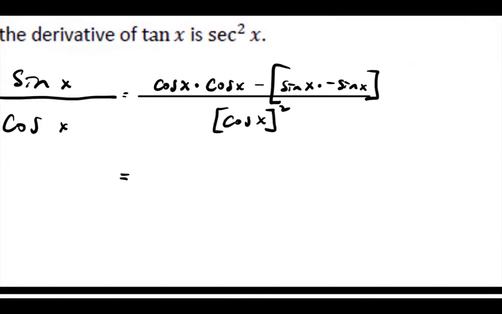All right, so let's clean this up. So we have cosine squared, and then I have two negatives here, which I can make a positive. So plus sine squared of x over cosine squared of x.